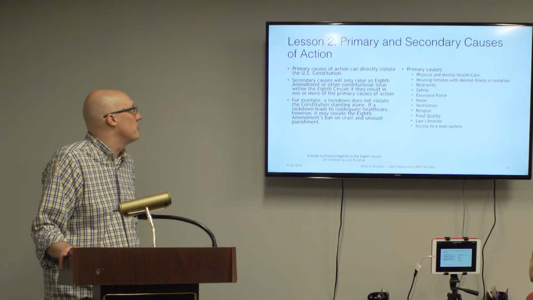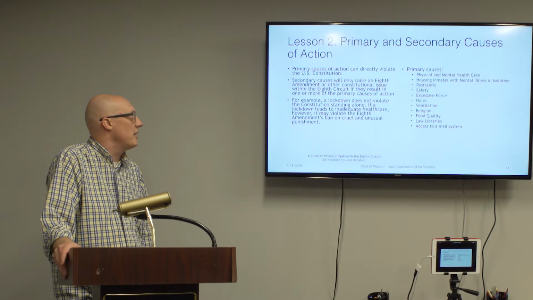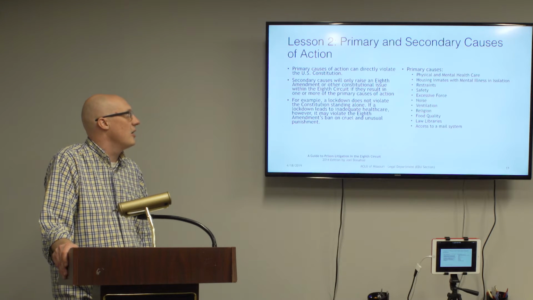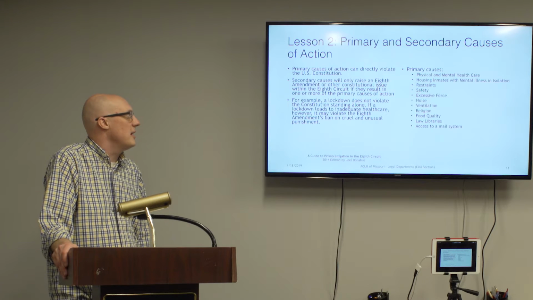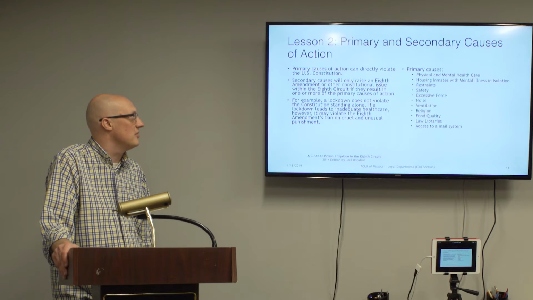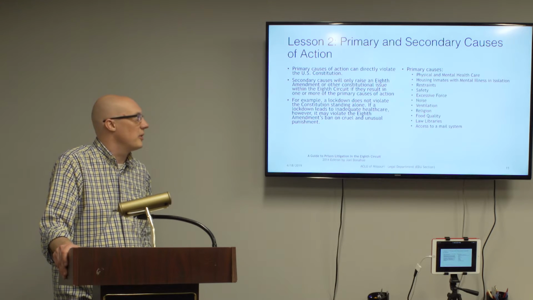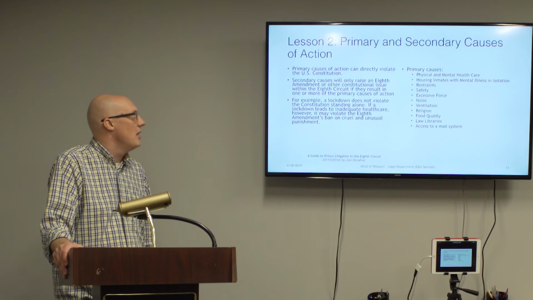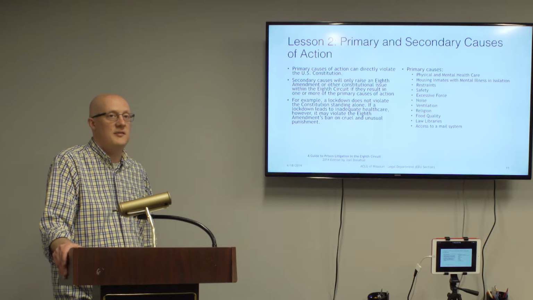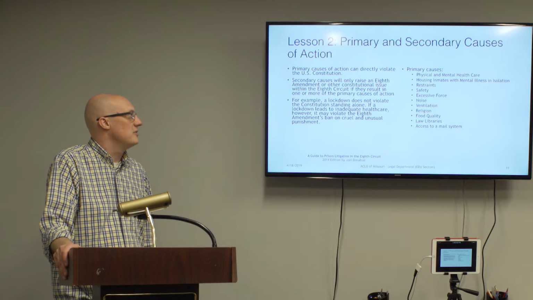So here we see primary causes of these actions. We've talked about some of these. When you see physical and mental health care issues, housing inmates with mental illness in isolation, those can cause these issues. Other types of areas where these claims might be brought are restraints, safety, excessive force, noise, ventilation.